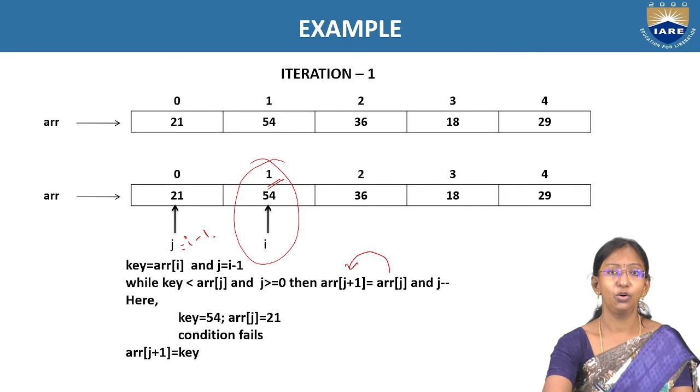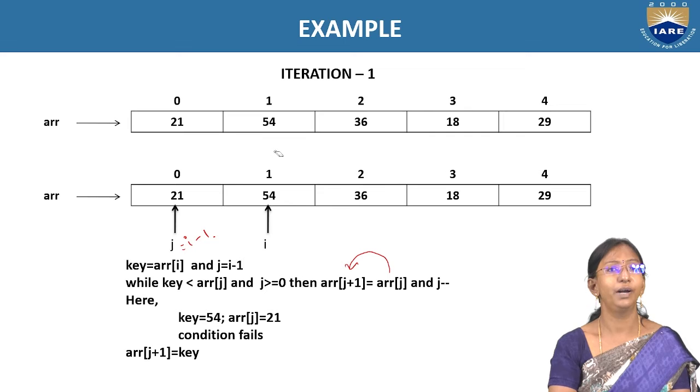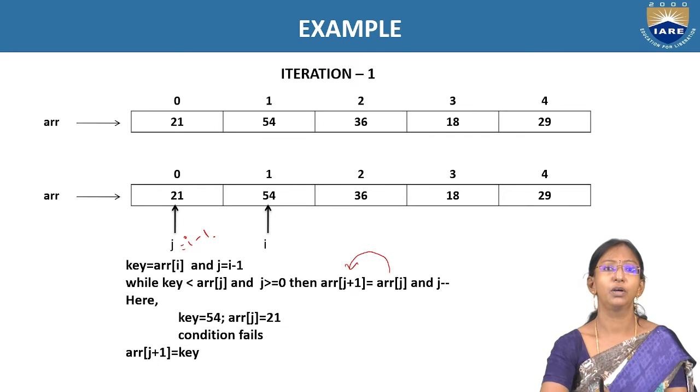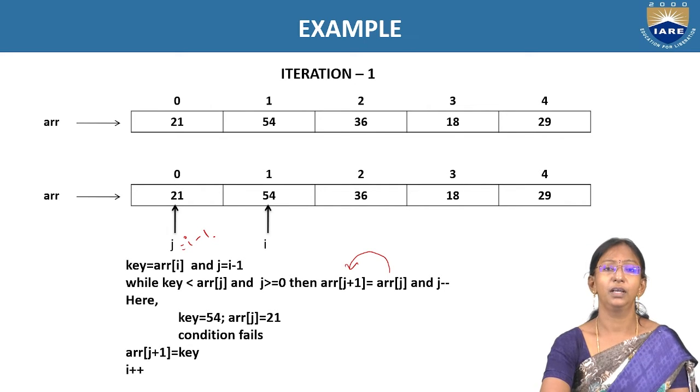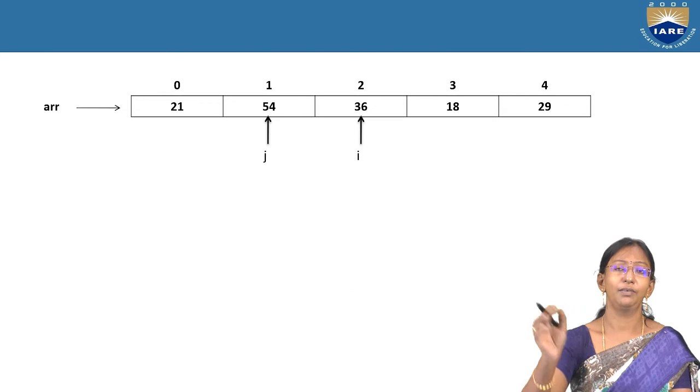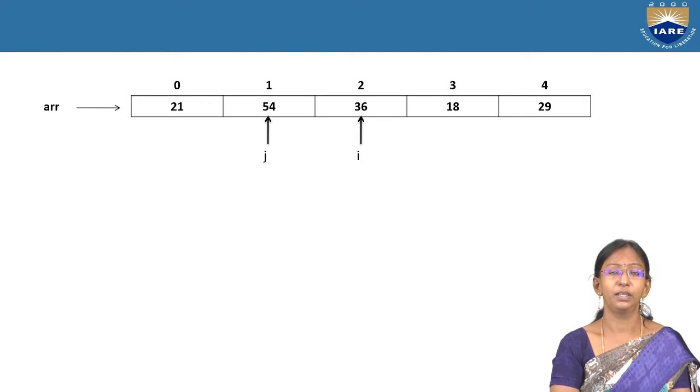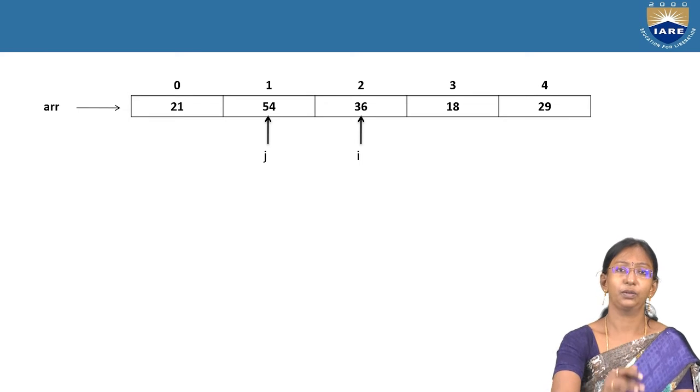So at array of 1, copy the content of the key. The key value is 54, so overwrite 54 with 54. By the end of this point, the result will be in this way. Have a look: 54 is at index value 1.